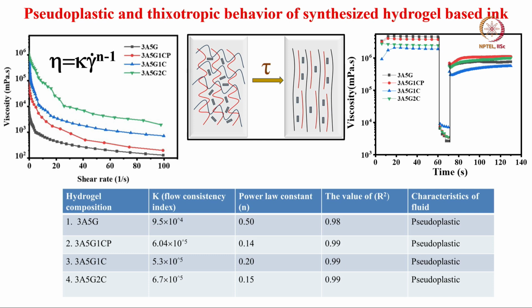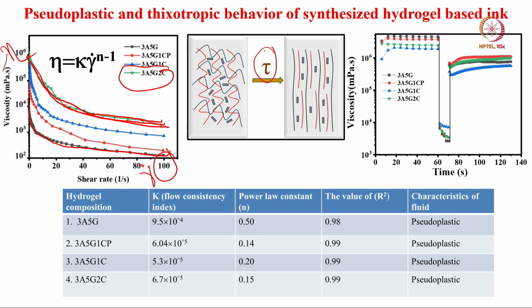In terms of pseudoplastic behavior, when viscosity is plotted against shear rate, you see a decrease in viscosity. In 3A5G it goes down very slowly, and in 3A5G2C it falls from 10 to the power 6 to between 10 to the 3 and 10 to the power 4 at 100 per second.